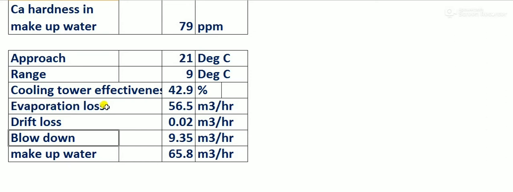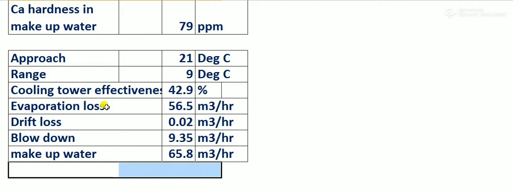So next one, water efficiency of this cooling tower. Evaporation loss divided by makeup water into 100 is the water efficiency of the cooling tower.